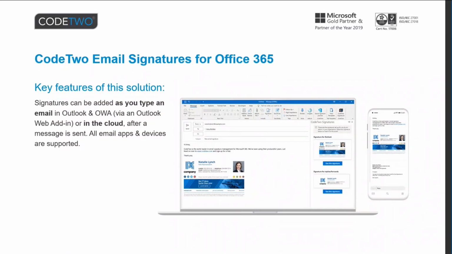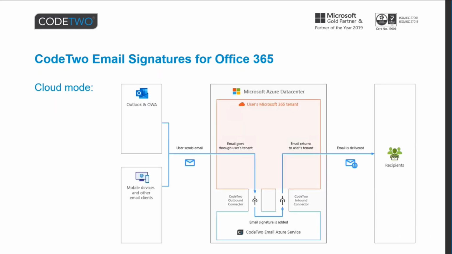So for those of you who are not familiar with email signature software principles, let me summarize how it works. The first mode, the cloud mode, works like this. When a user sends an email from any email app or device, as long as it's hooked up to their Microsoft 365 email account, this email goes through a Microsoft 365 tenant. That's how it works normally.